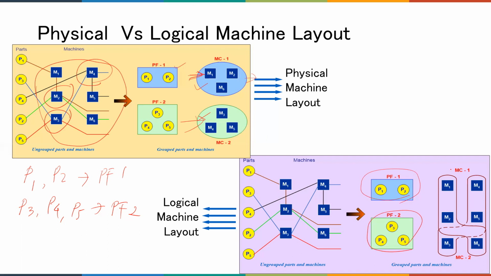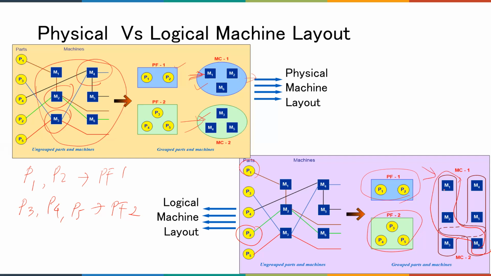Then they will just use the logical grouping, you just imagine it, and without changing the layout of the machines they will do the production, and most of the time what they change is how the raw material can go in.